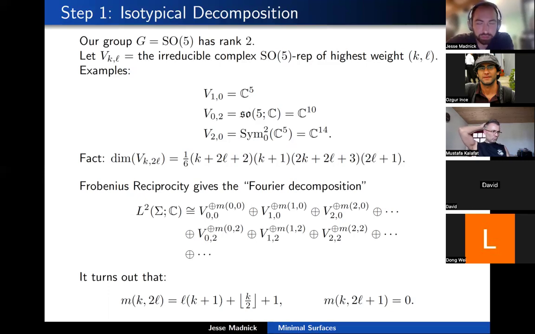It turns out that the multiplicities of the (k, odd) are 0, which is great, so they don't appear in this sum. And the multiplicities of (k, even) are given by this expression you see there. So this means that we now know the dimension of each of these pieces, which is very helpful.